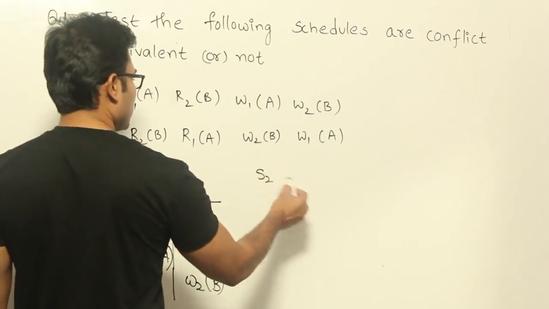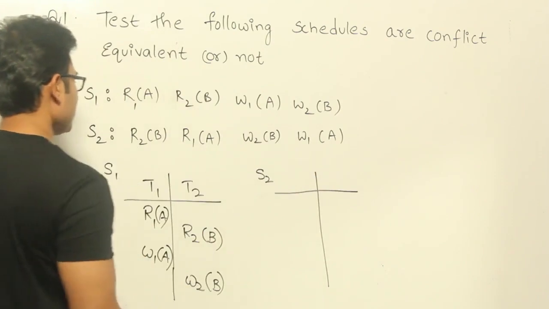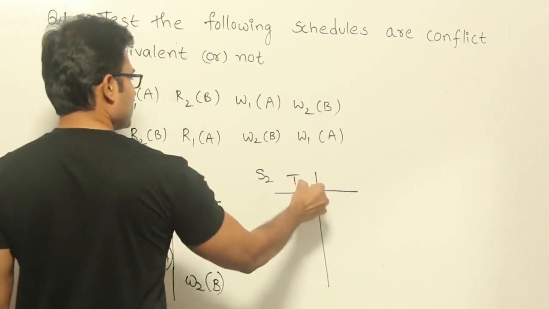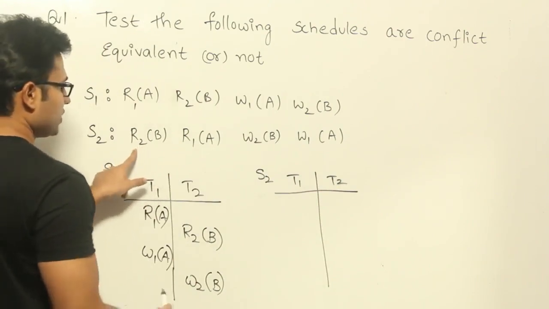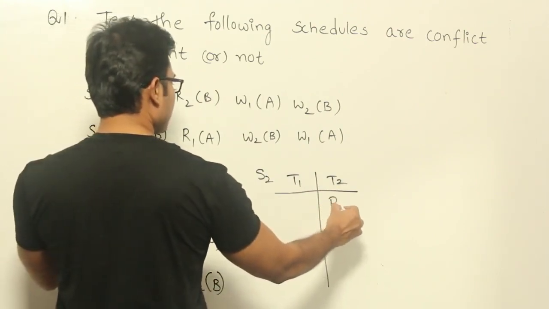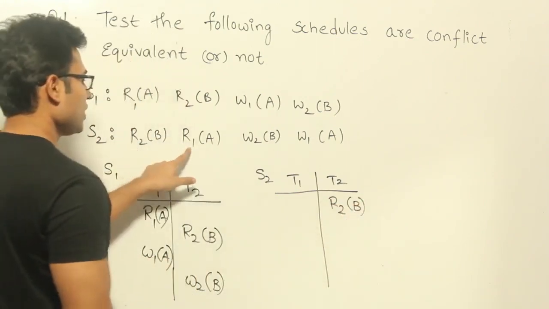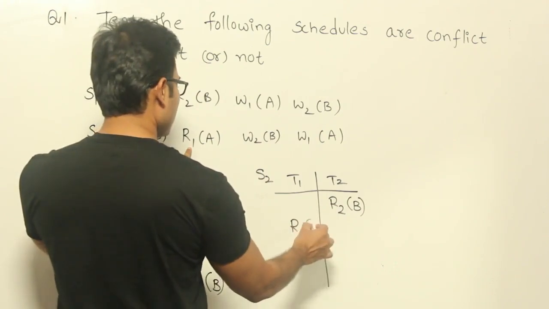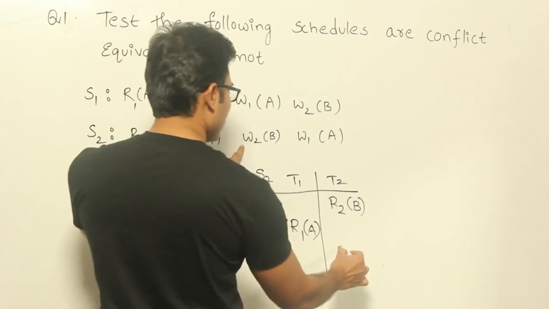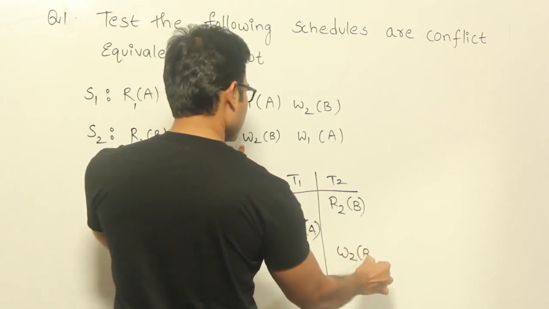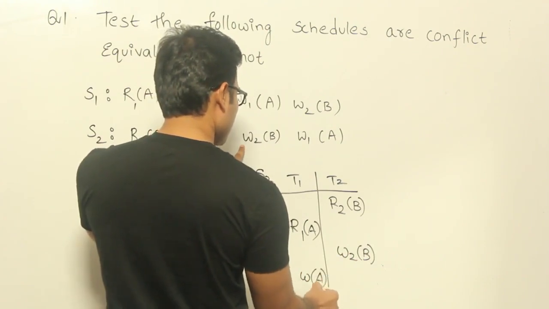And again you have one more schedule. In this schedule you are going to have two transactions, let's say one is T1 and the other is T2, and initially it is read on B by transaction 2, and then read on A by transaction 1, and then write on B by transaction 2, and then write on A by transaction 1.